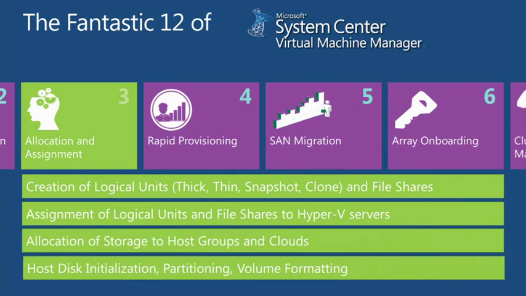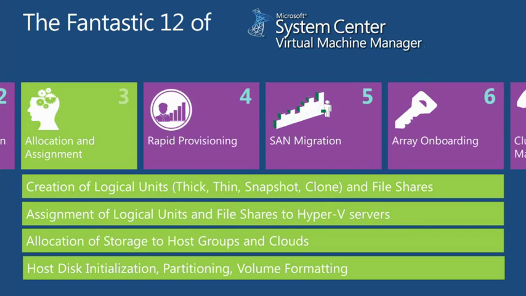So that brings us to the next step. How do I actually allocate and assign the storage? Once I've created logical units, I've provisioned them from VMM. And in 2012 SP1, you'll also have the ability to create file shares. So when you create a file share, let's say the file share is created on a pool which is in gold storage, VMM will automatically classify that file share and mark it as gold storage.